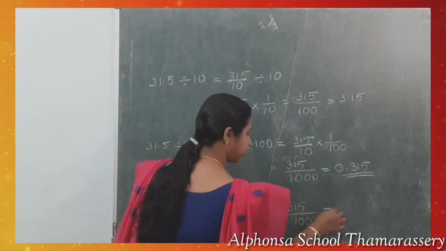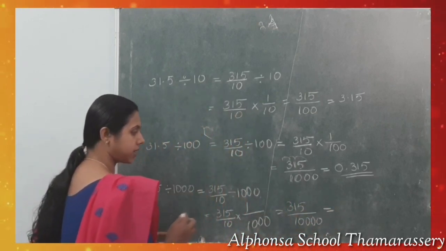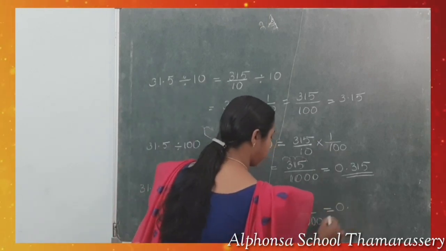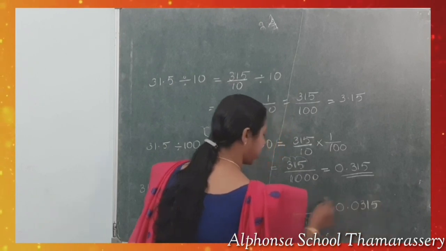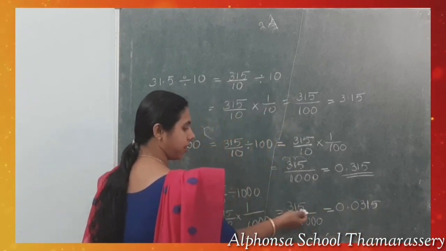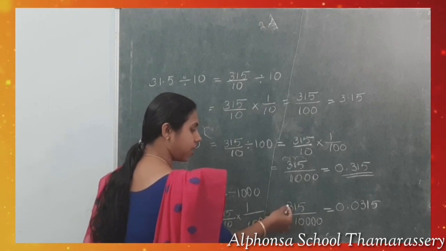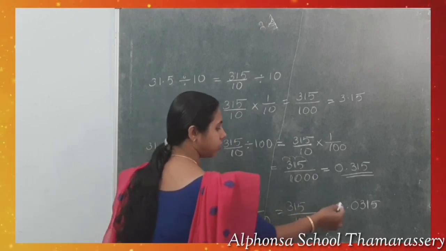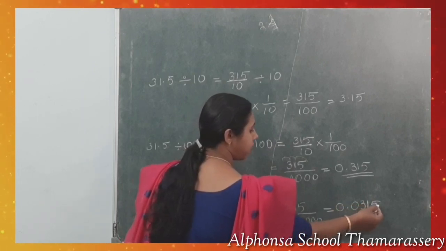How many zeros here? 4 zeros. So there are 4 decimal places. So it will be 0.0315, because here there are only 3 digits and we have 4 decimal places, so there is no digit in here. You can put the 0. So it will be 0.0315.